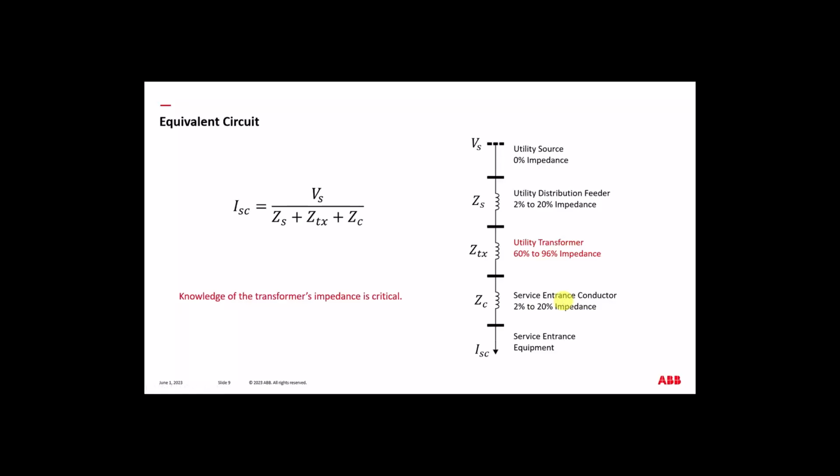Those really don't add that much unless you have a really long secondary run. But if you're in the range of 50 to 100 feet of secondary, and you're bringing the full transformer amps out, it's not a huge number. So the point of this slide is to convey that it's this utility transformer that you have to know. That's the important one. We have to know the impedance.